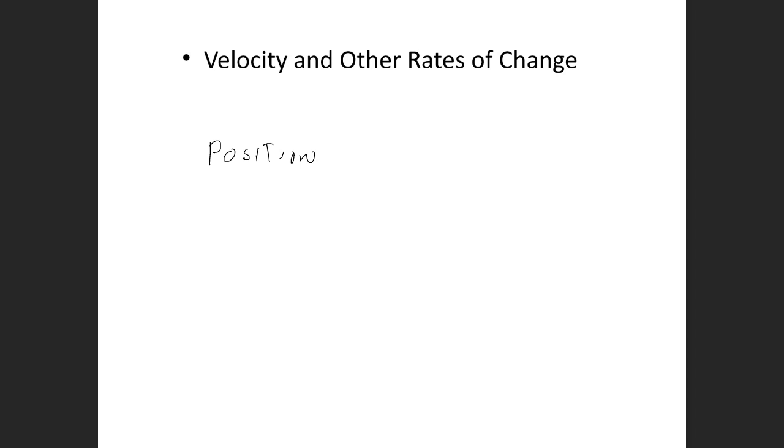All right. So let me give you an example. Okay. I am starting right here. I'm starting at 0. I walk 2 miles in this direction. Okay. Then I turn around and I come back 1 mile. And I stop. What is my displacement?